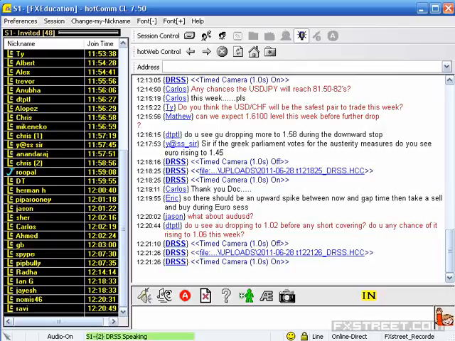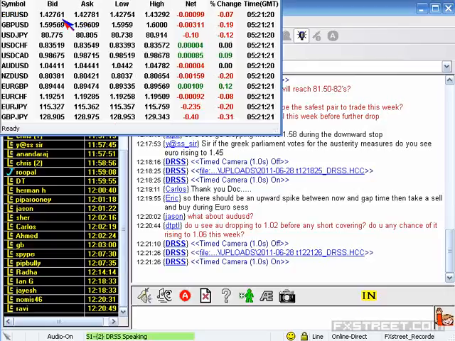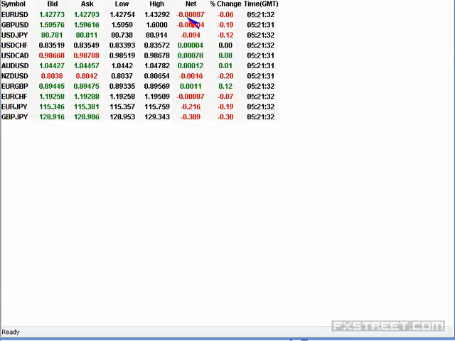Now they come in euro below that of the low and staying there. So after keeping negative net change, USD euro and USD CHF are slightly coming to the 0 level and they want to make a rise here, make a rise in the case of USD yen. And these are all downward stops in the case of the crosses. Then afterwards you will find the majors, euro and GBP showing negative net change and USD yen and USD CHF showing positive net change, and also Canadian dollar showing positive net change and Australian dollar showing negative net change.